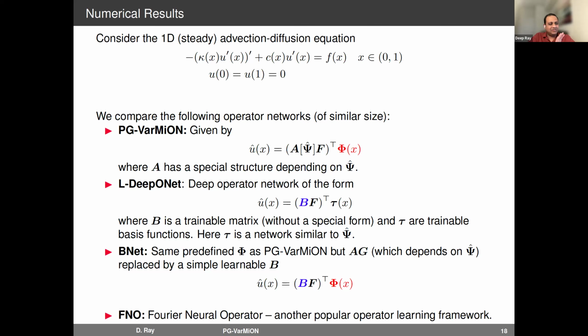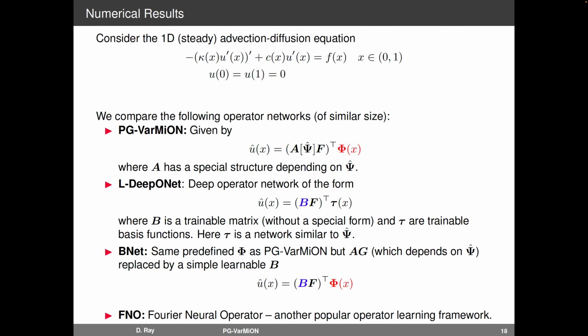And for posterity's sake, I'll also have a fourth one, which is Fourier neural operators, another very popular operator learning framework, just to have a more thorough comparison with different kinds of frameworks, comparing how the PG-VarMiON works, okay? Any questions about these four frameworks, or how they're related or different from each other?